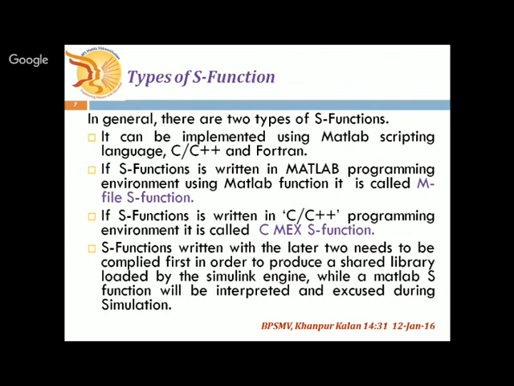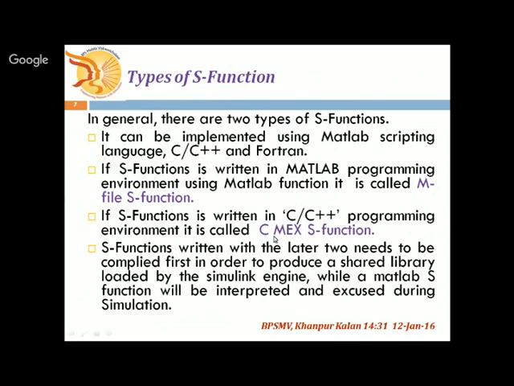Now, the types of S function. I told you there are two types of S function. Either it can be implemented using the Matlab scripting language, or C, C++, and Fortran. If an S function is written in the Matlab programming environment using a Matlab function, it is called an M file S function. If an S function is written in a C or C++ programming environment, it is called a C MEX S function.